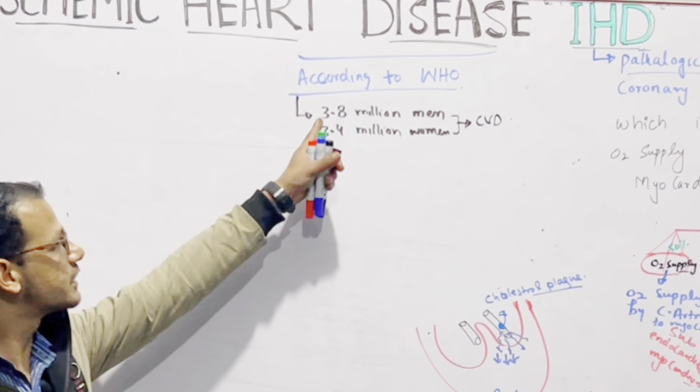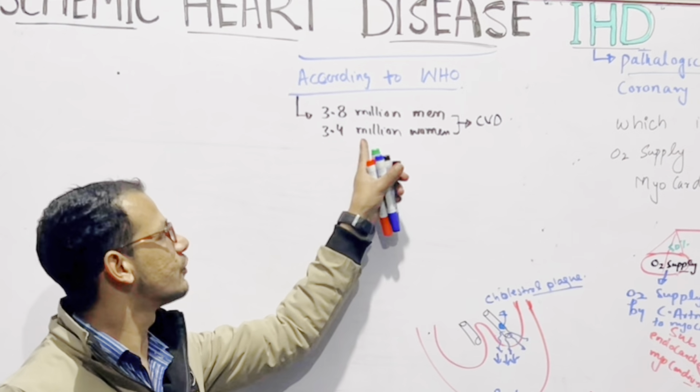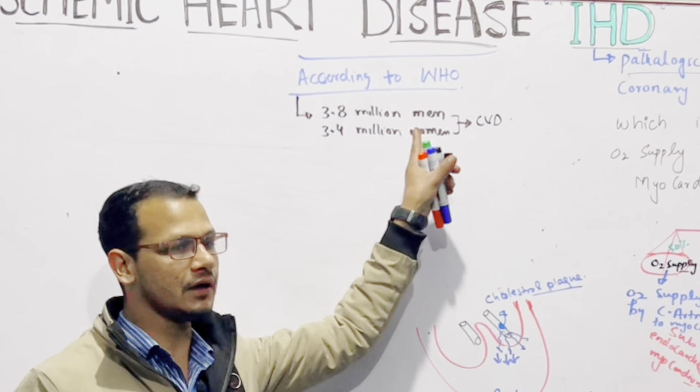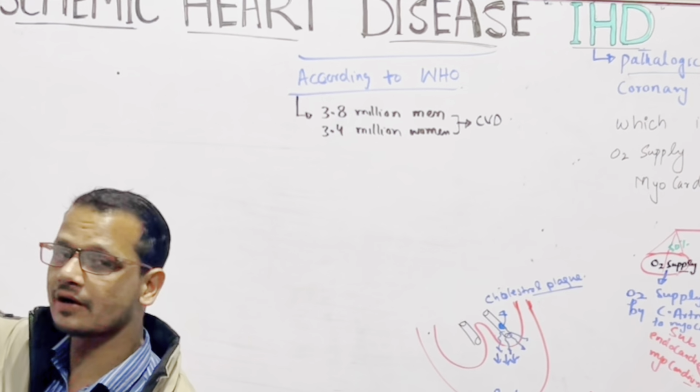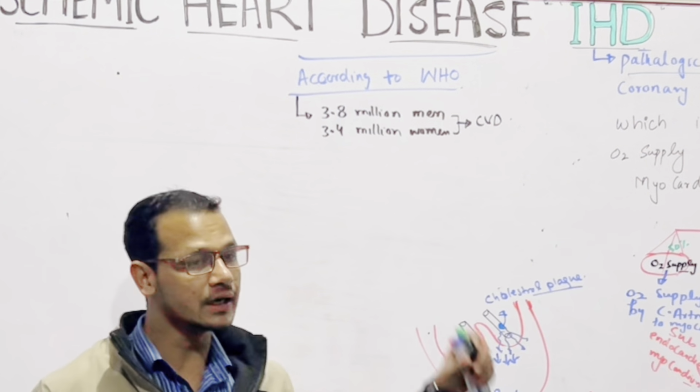This means worldwide 3.8 million men and 3.4 million women are the population affected by coronary artery diseases, coronary vascular diseases.